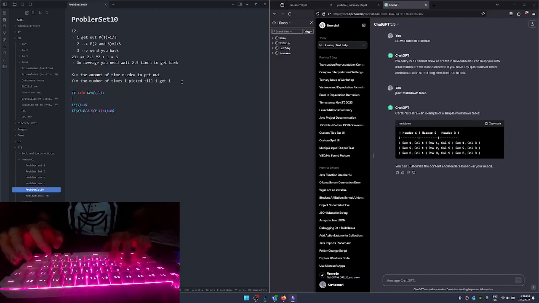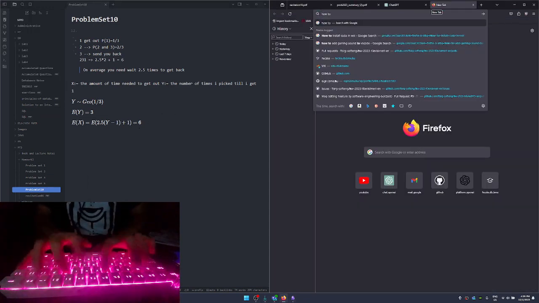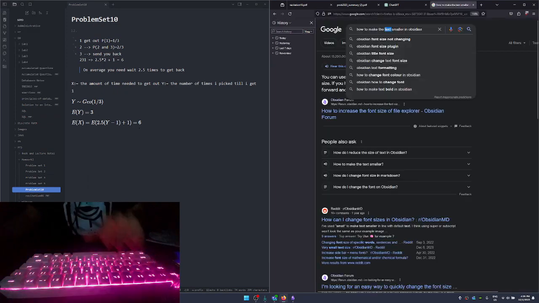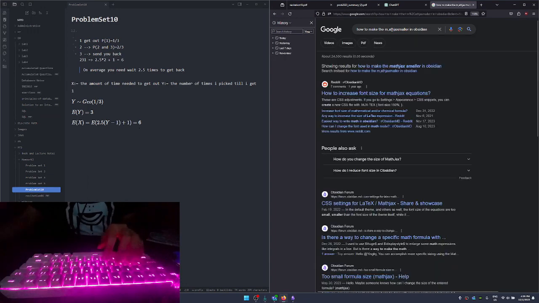Can I just do this? I hate this. It's just too big when you compare. Let's see how to make the LaTeX. Text and math, oh my.